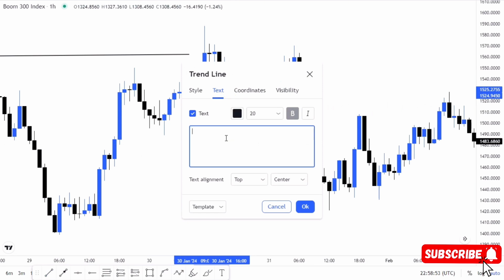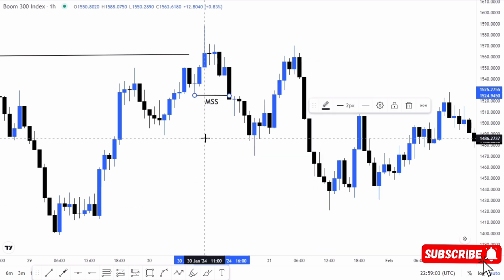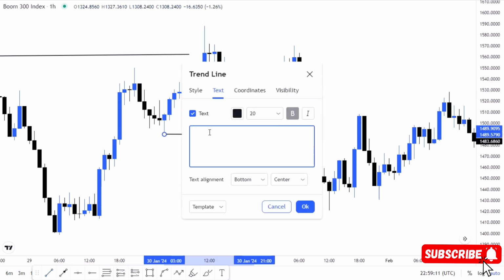Above that area there was liquidity. Let me take it down to the bottom. Market structure shift, and then below here we have a break of market structure, which is a BOS.